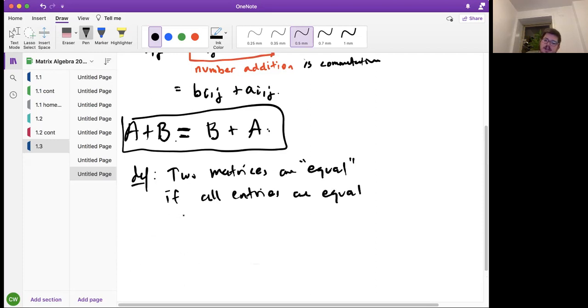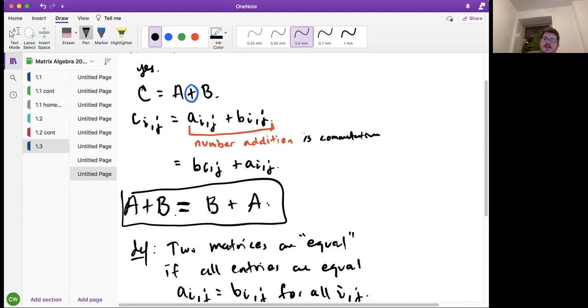So, i.e., Aij is equal to Bij for all i and j. That's what it means to be equal. Since you can flip around the order of addition for normal addition, and this is an expression for how you add B plus A, that makes A plus B equal to B plus A. Okay, let's do the same thing for associativity.